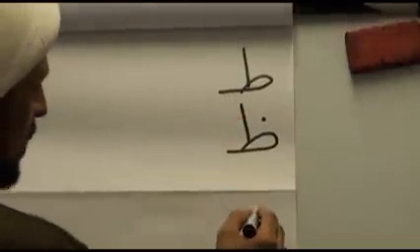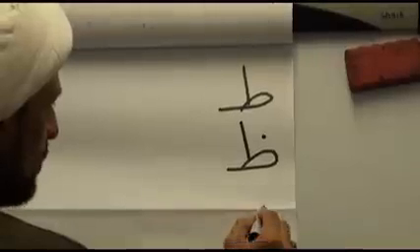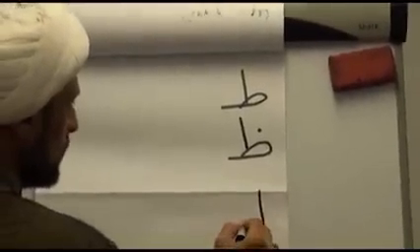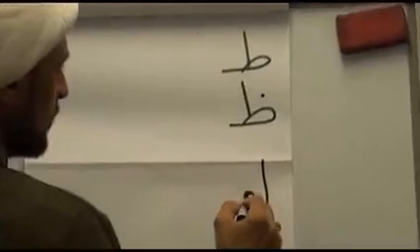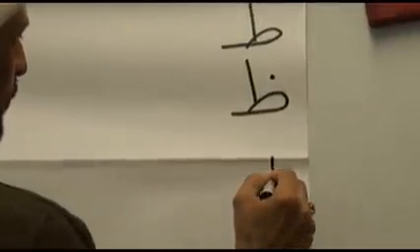So we have ta, va, lam. Let's make it like this so it looks like a lam. And then we have mim. And then we have ha. They both get connected from both sides.